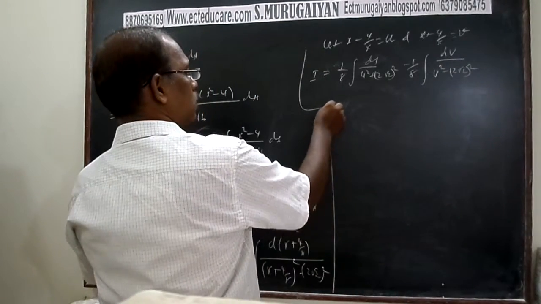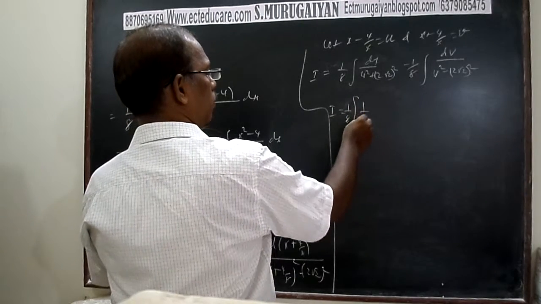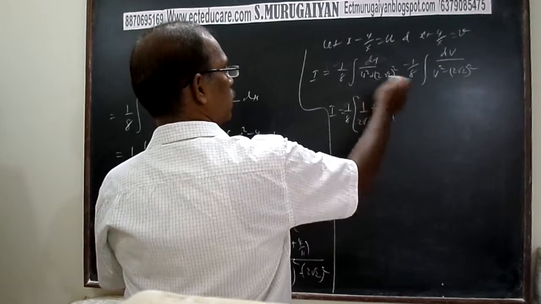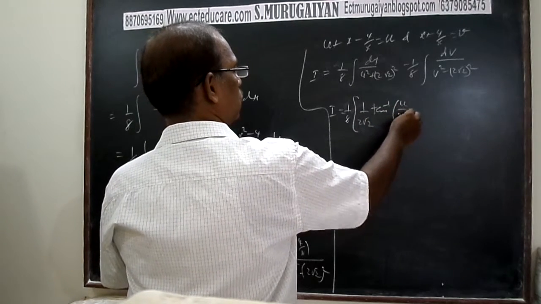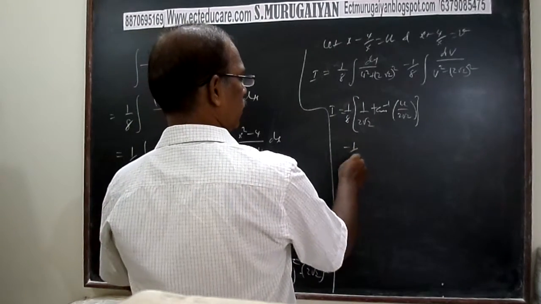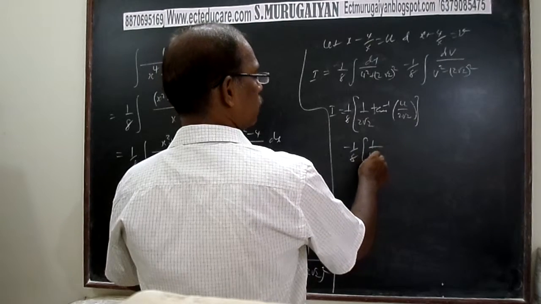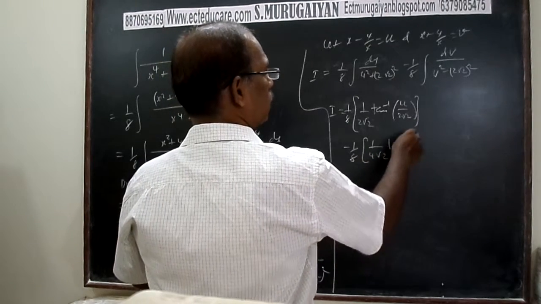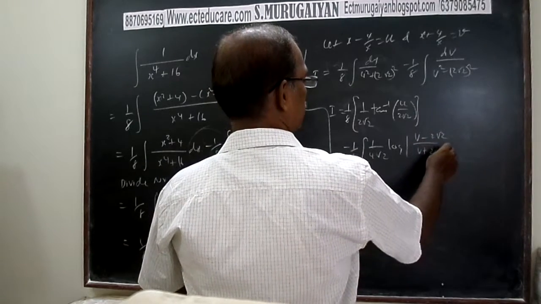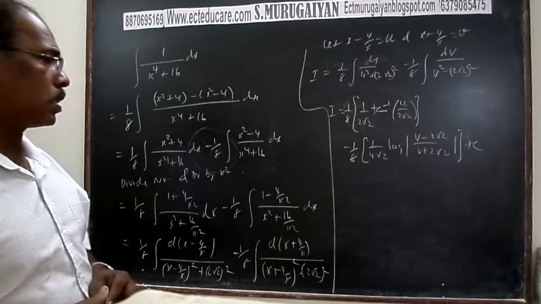Now applying the suitable formula, other than 1 by 8, 1 by a, that is 1 by 2 root of 2, and tan inverse of the ratio of these two, u by 2 root of 2. This is for the first integral. Minus 1 by 8, 1 by 2a, which means 1 by 4 root of 2, log mod of v minus 2 root of 2 over v plus 2 root of 2. Overall, c is the integral constant.